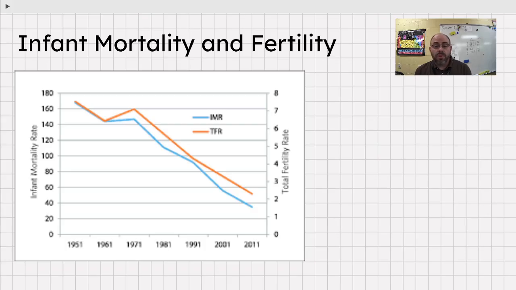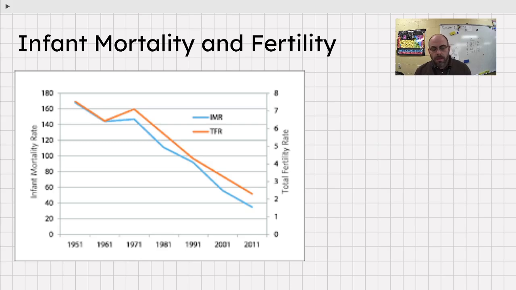Families would have more children in order to ensure the survival of their name, of their property, or in order to have people to work their farm, whatever it was, right? Whatever the reason is. As infant mortality has decreased, there's been less need for that. There's been fewer infants dying, and so there's been fewer children being born. So there's a direct correlation between those two things.